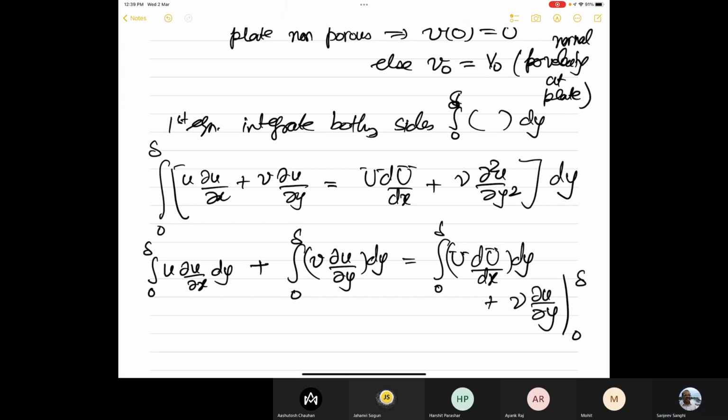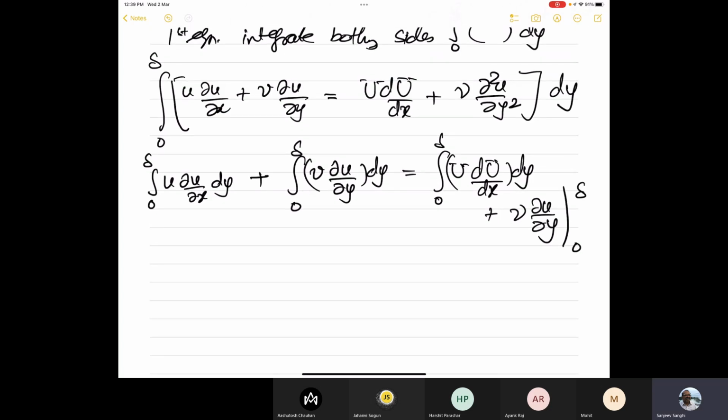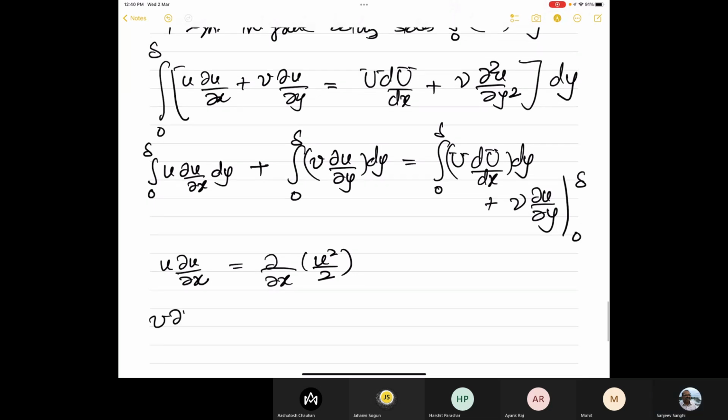Okay, is this fine? Next, let's now look at u ∂u/∂x. This I can write as half ∂/∂x of u squared. And v ∂u/∂y, this can be written as ∂/∂y of v times u minus u times ∂v/∂y.